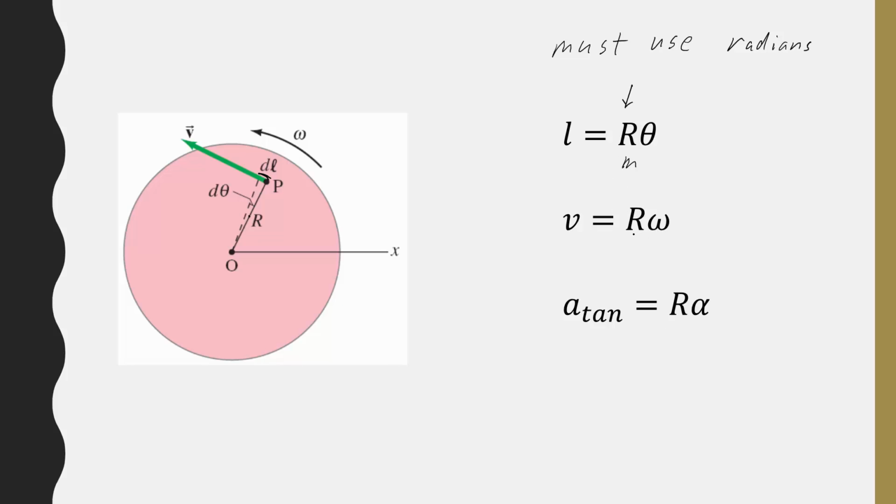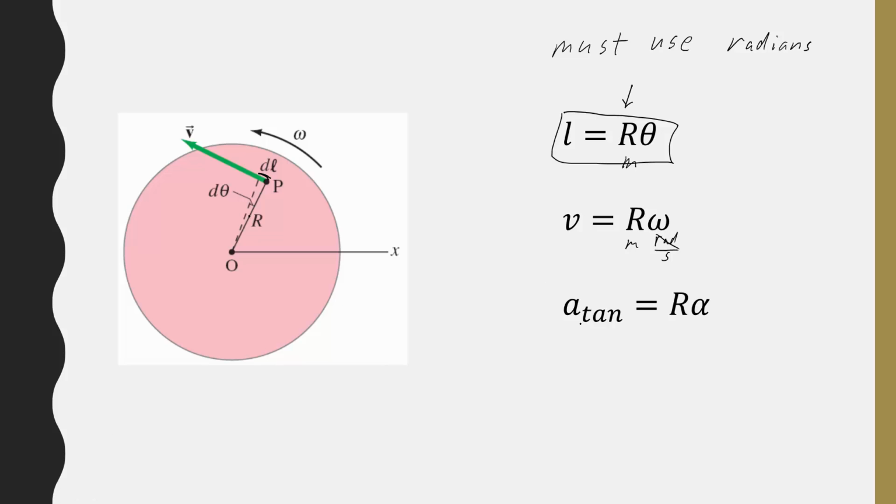We're going to have meters times radians per second, and the radians don't really count. We say they're not really units, so you get meters per second. And this expression doesn't hold geometrically if theta is not in radians. By definition, theta has to be in radians for that to work.